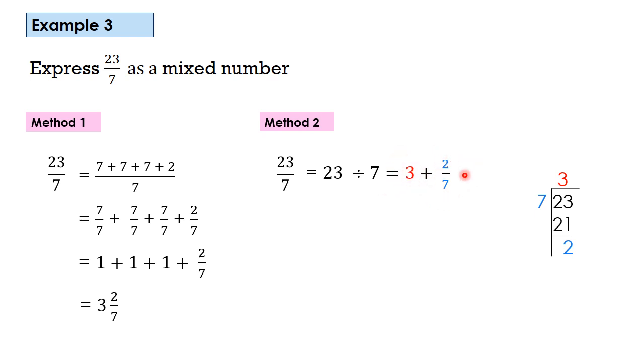When these two are written together, 23/7 is equal to 3 and 2 7ths. So especially in this improper fraction, when we compare the two methods, it is very clear that the second method is always easier than the first method in converting an improper fraction into a mixed number.